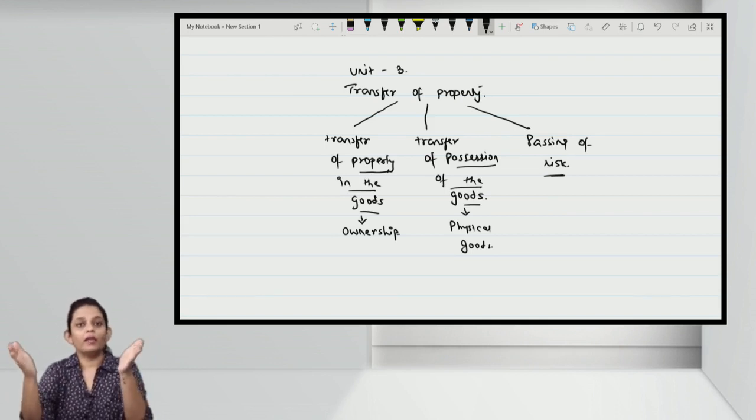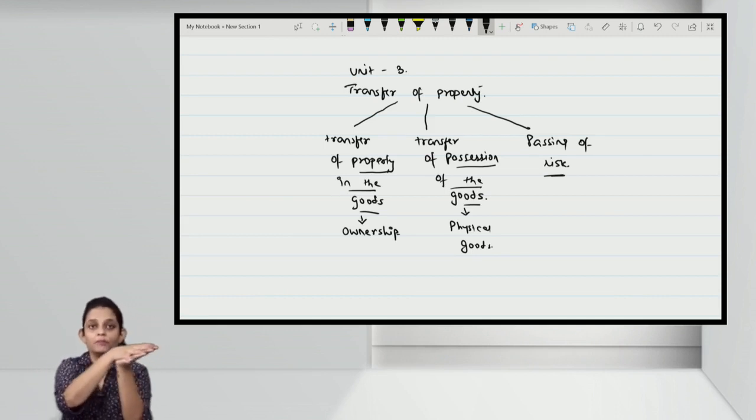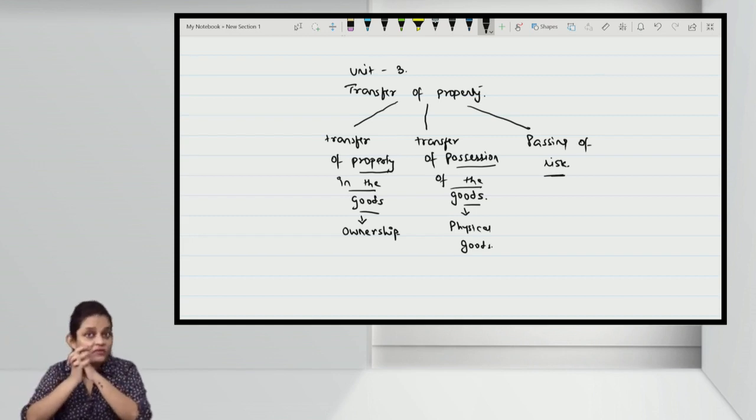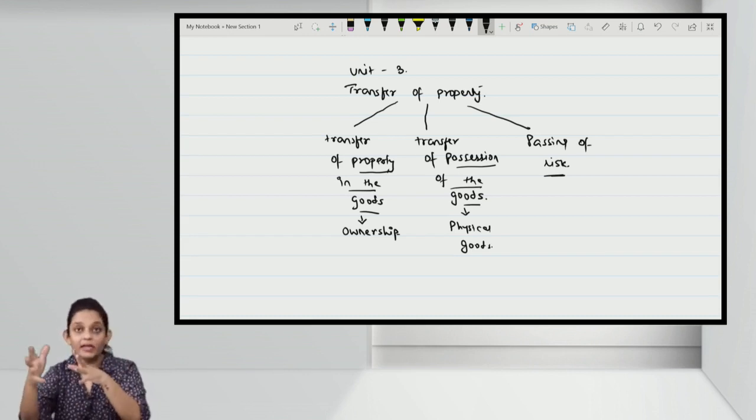Loss to goods means the loss to the physical goods, or is it something connected to payment? Obviously physical goods. Loss is something which is connected with the goods. It's not connected with payment.